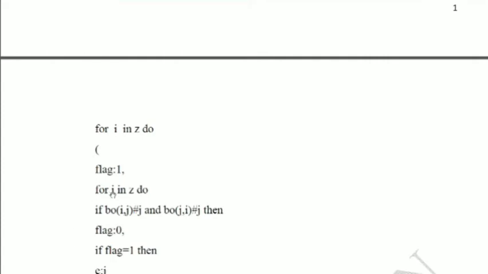Now again it goes back. Now j will take 1. Remember your i is 0. 0 will not change now. j will take 1. Then now it comes here. BO of 0, 1. What is 0 plus 1? It is 1 only. That is j only. And BO of 1 plus 0 is 1.